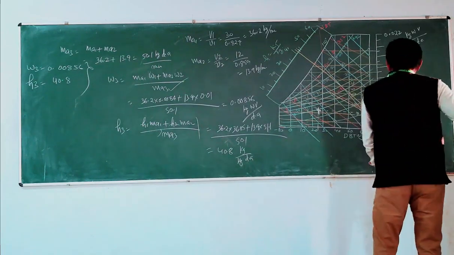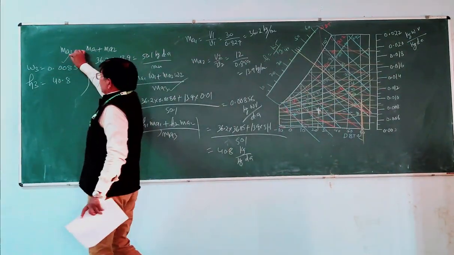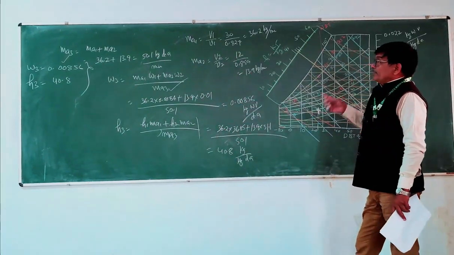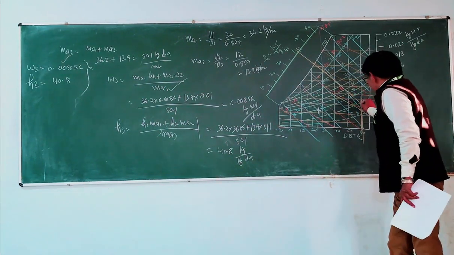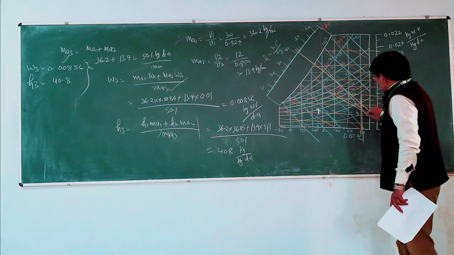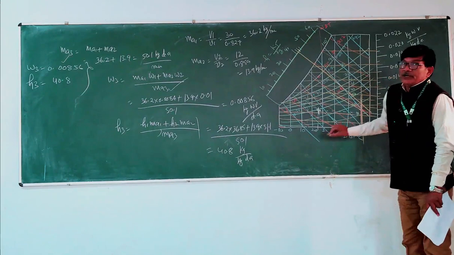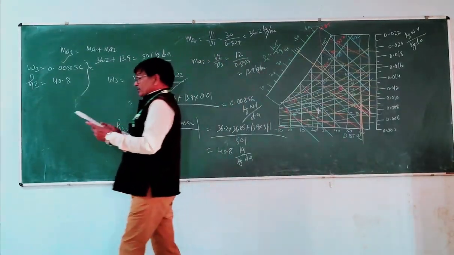So from this diagram, these two points on the psychrometric chart will create an intersection, and from the intersection you can locate the dry bulb temperature. You drop a vertical line from the intersection point parallel to the dry bulb, and draw another line parallel to the wet bulb temperature line, and you can find these two required values.